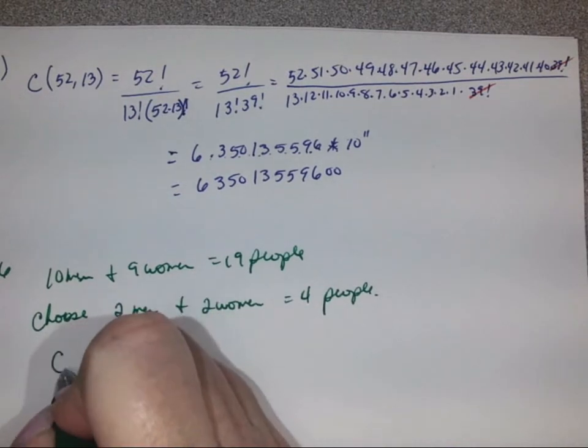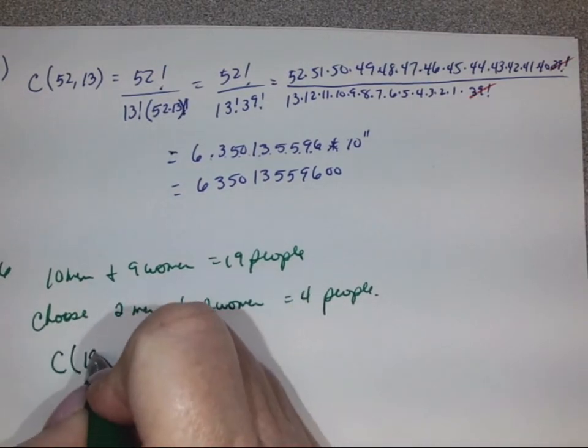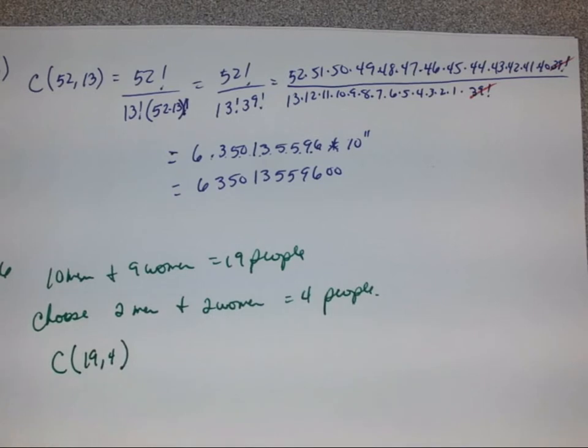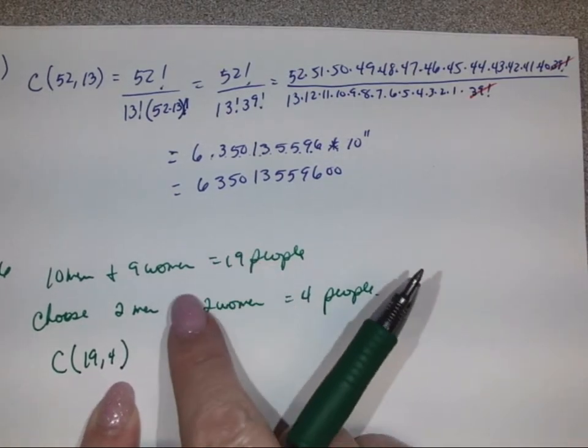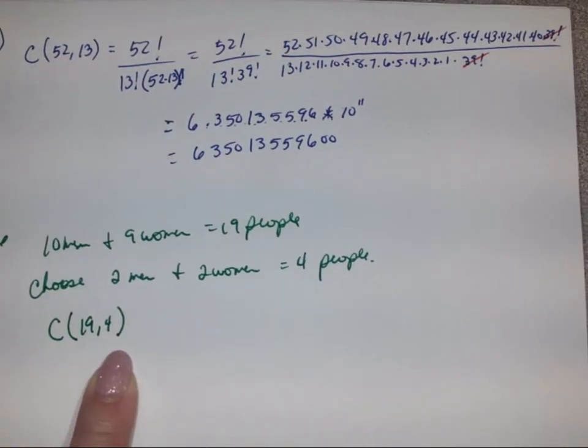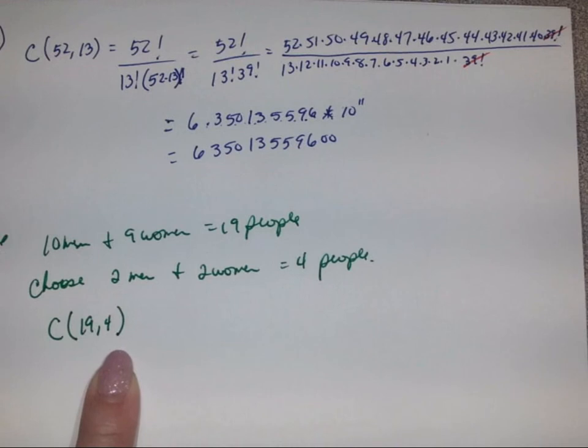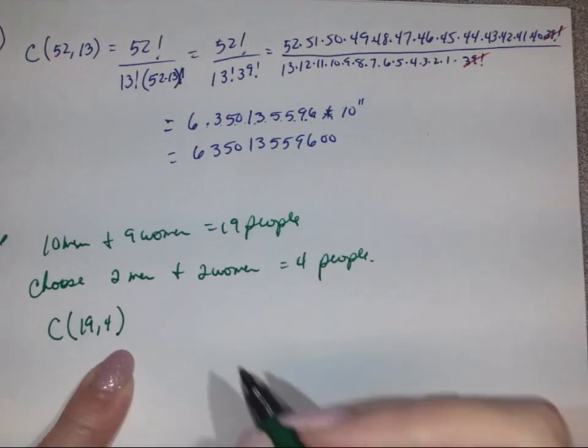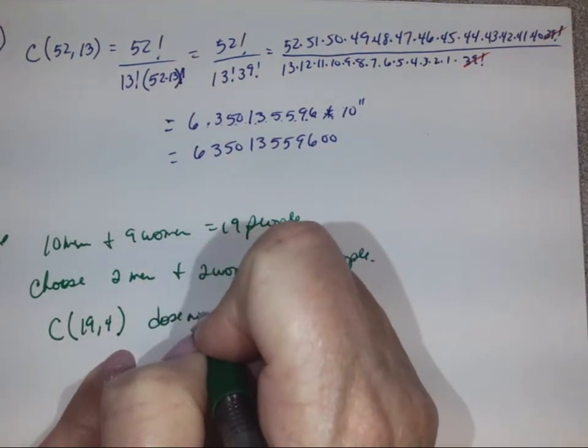So if we do 19 choose 4, it won't work because we need 2 women and 2 men. If we just choose 4 people, we could end up with 4 women, we could end up with 4 men. So this one does not work.